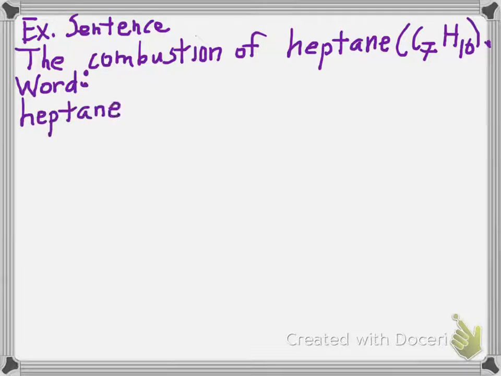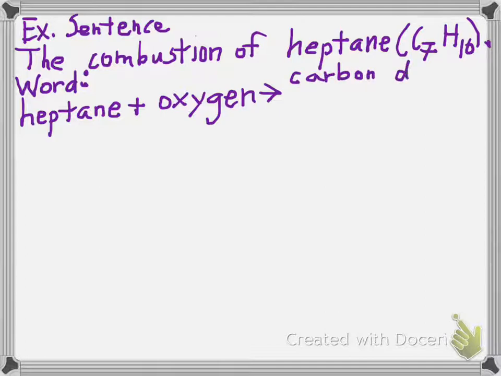Our other reactant we always need, even if it doesn't say anything about it, we have to have oxygen for anything to combust or burn. And this doesn't say anything about it being incomplete combustion. So our products are going to be carbon dioxide plus water.